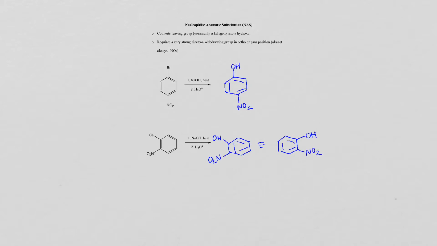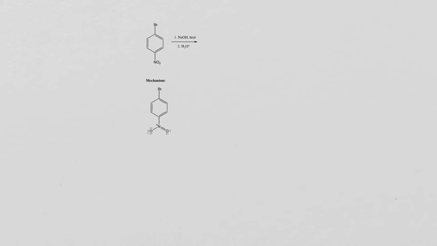Either way, I just flipped it over, no big deal. Cool, so let's talk about the mechanism, and we're actually going to use this example right here. So I have it on the next page. We're going to redraw the product just for practice. There we go. Not a lot better, but it works.